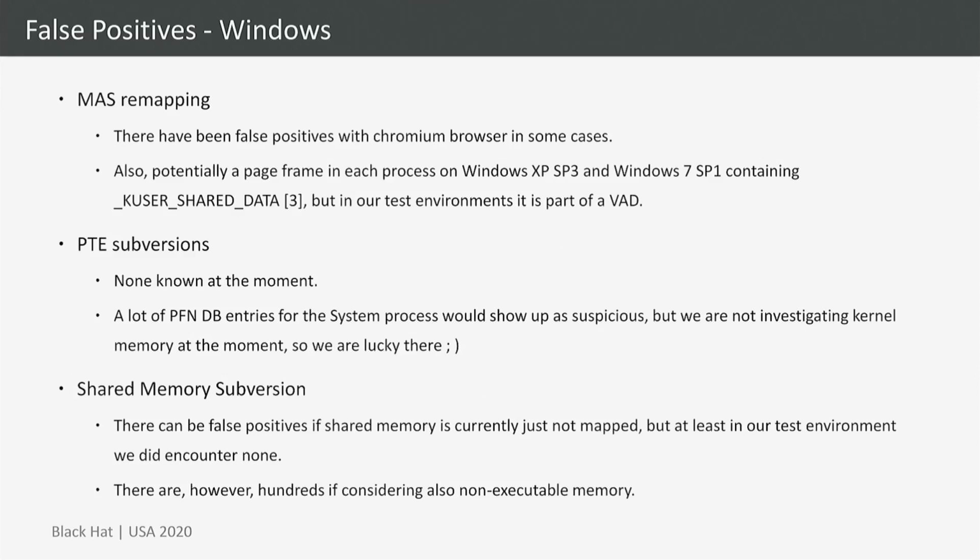And regarding shared memory subversion, there can be false positives, obviously, if the process has a shared memory handle but does not have this memory mapped into its address space. But in our test environment, we did not encounter any shared memory segment that is executable or not mapped at the moment.